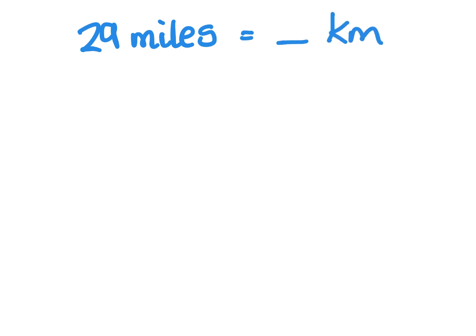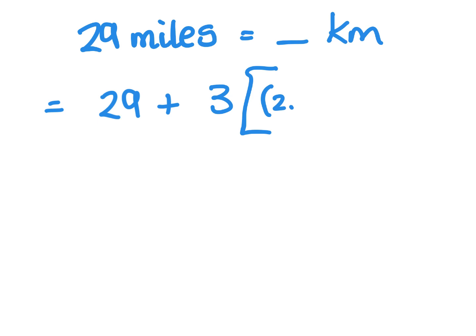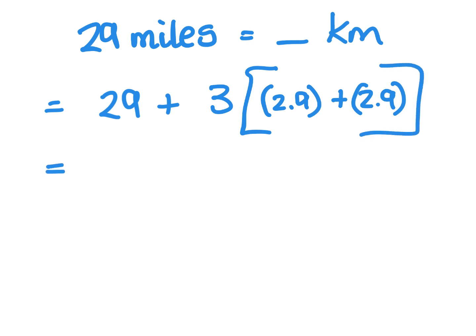Let's go with 29 miles. So we know 29 miles and we want to know the kilometres, what that would be equal to. So we start off with 29 and we add 3 lots of 1/10 of 29, which is going to be 2.9 plus 2.9. Then we work out the sum here. So now we've got 29 plus 3 lots of 2.9 plus 2.9, same really as 29 or 29, which would be 58.